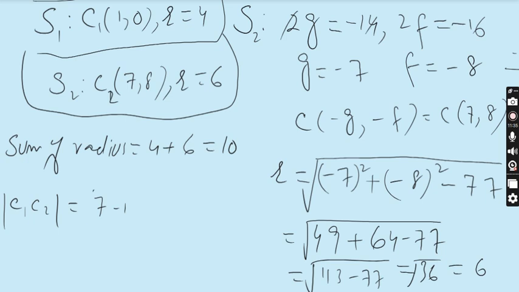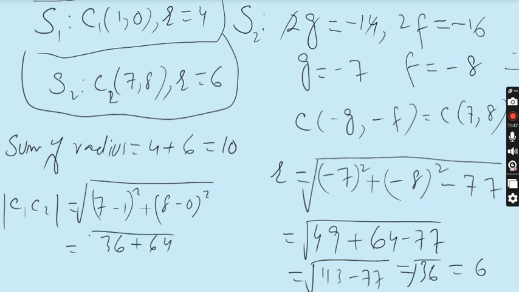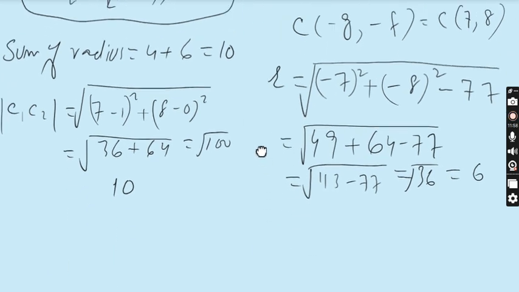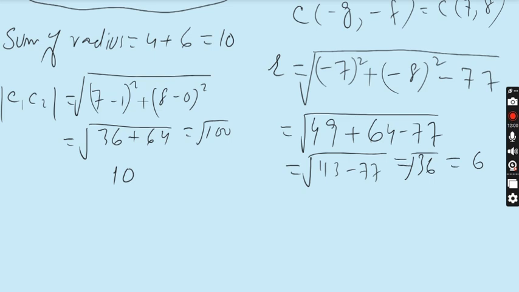The square root of 7 minus 1 squared plus 8 minus 0 squared. 7 minus 1 is 6, 36. 8 square is 64. It is 100 and the root is 10. Now you can see that the sum of the radii and the distance between the centers are equal.